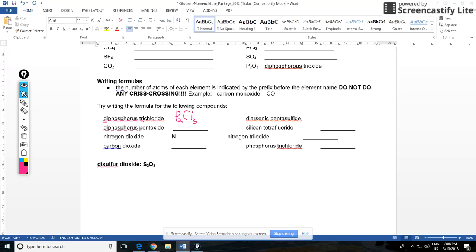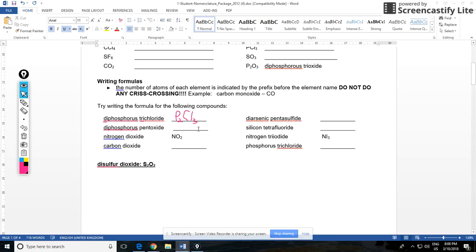So we have nitrogen, there's only one, dioxide, so that's an oxygen. The di means there's two, so we have NO2. You can do the same thing here, nitrogen triiodide, same concept. You have one nitrogen, you have iodide. Now it says tri here, so that means we have three, just like that.